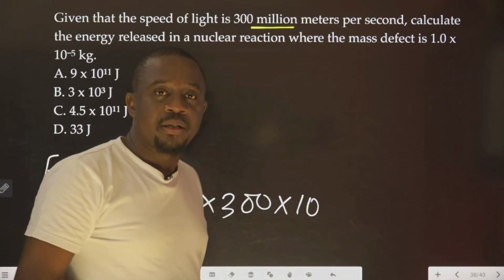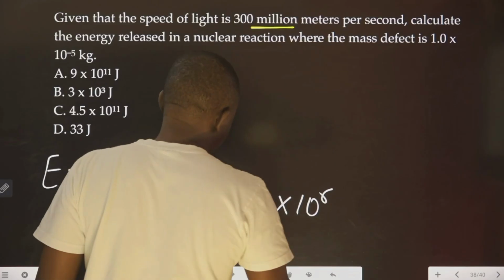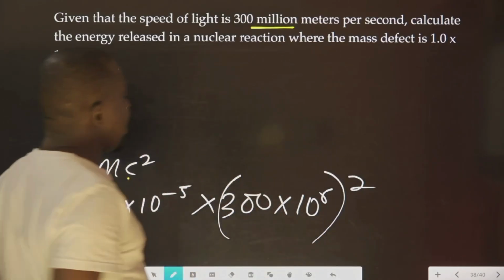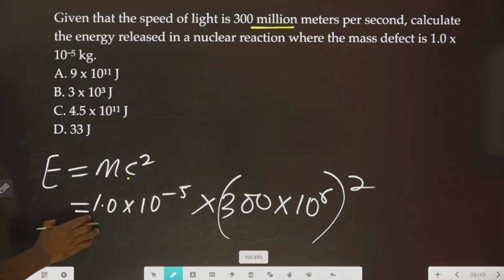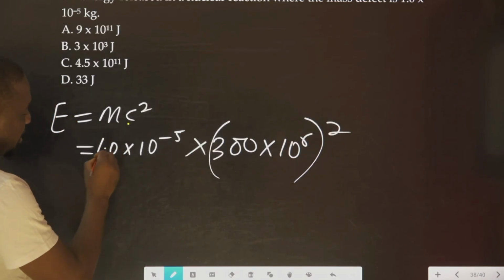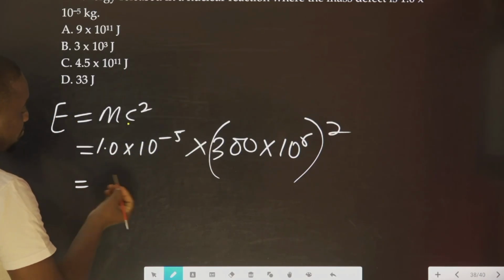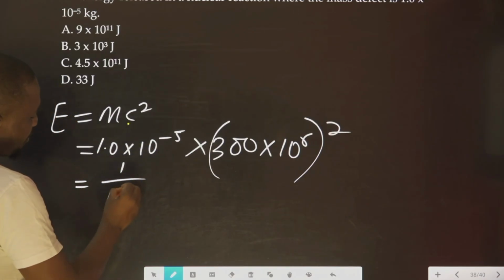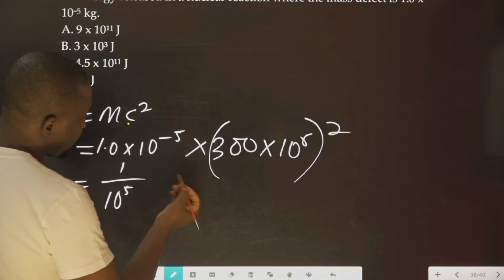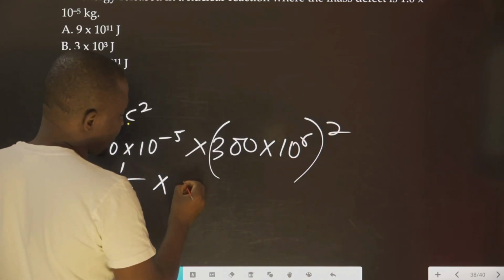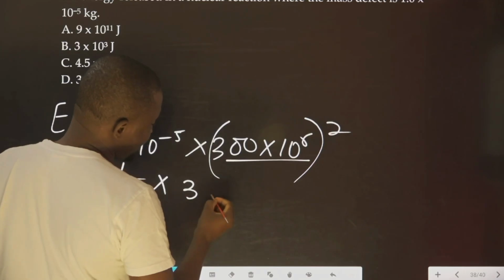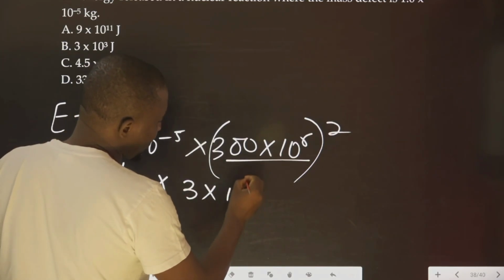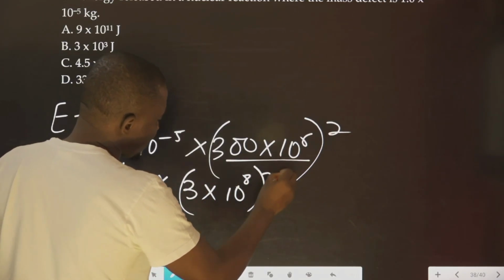How many? 6. We square it. The rest is just calculation. This one simply means 1 over 10 raised to power. This one on the inside means times 10 raised to power 8. To square it.